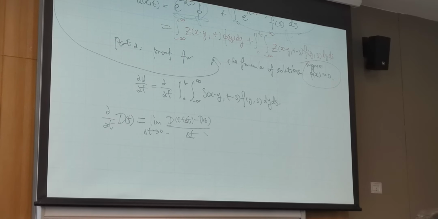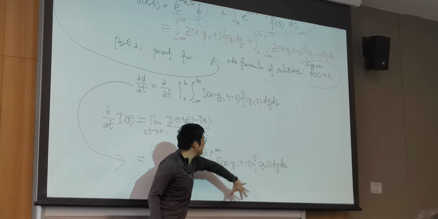Which means that I am now going to write the partial u partial t as the limit when delta t goes to 0 of 1 over delta t, then the integral from 0 to t plus delta t, and then from negative infinity to plus infinity of s(x minus y, t minus s) f(y, s) dy ds.